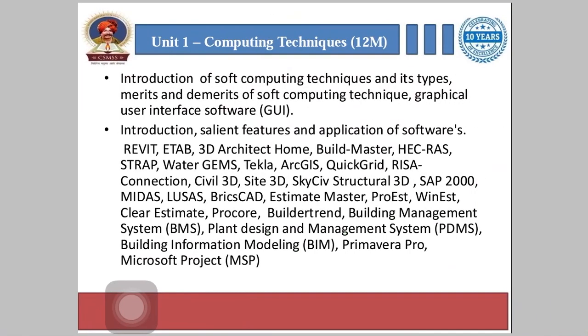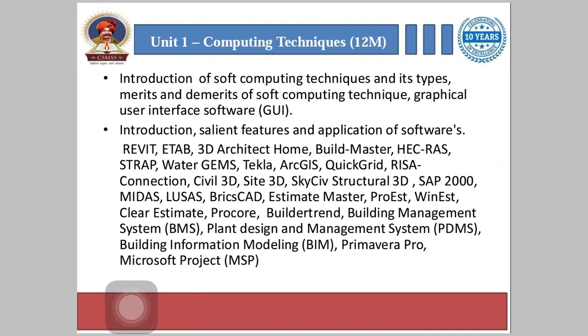The name of the first unit is computing techniques. It carries 12 marks. So in this unit we are going to see the introduction of soft computing techniques and its types, its merits and demerits of soft computing techniques, graphical user interface software.